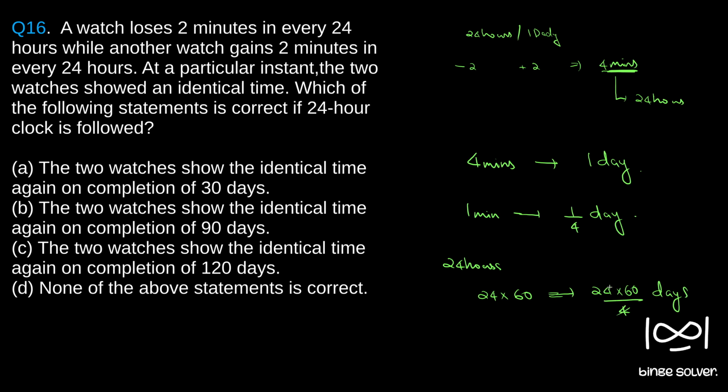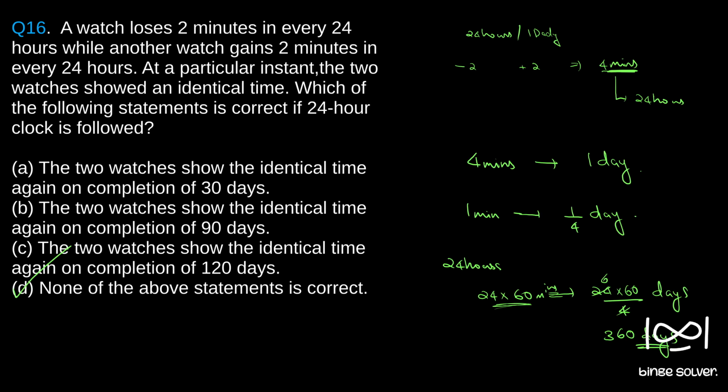So if you cancel, 12, 6, or 360 days. It takes 360 days for the difference to become 24 into 60 minutes, or 24 hours. So in the options 30, 90, 120 is given, 360 is not given. So option D is the correct answer. None of the above statement is correct. So solution to question 16 is D.